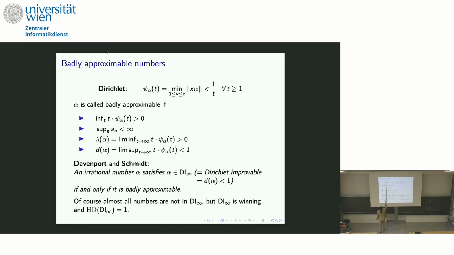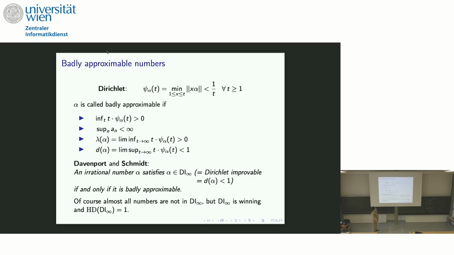The first one is that the irrationality measure function is bounded from below by a constant over t. The second, which is equivalent: partial quotients are bounded. The third: the Lagrange constant is greater than 0. And the fourth is that the Dirichlet constant is strictly less than 1.